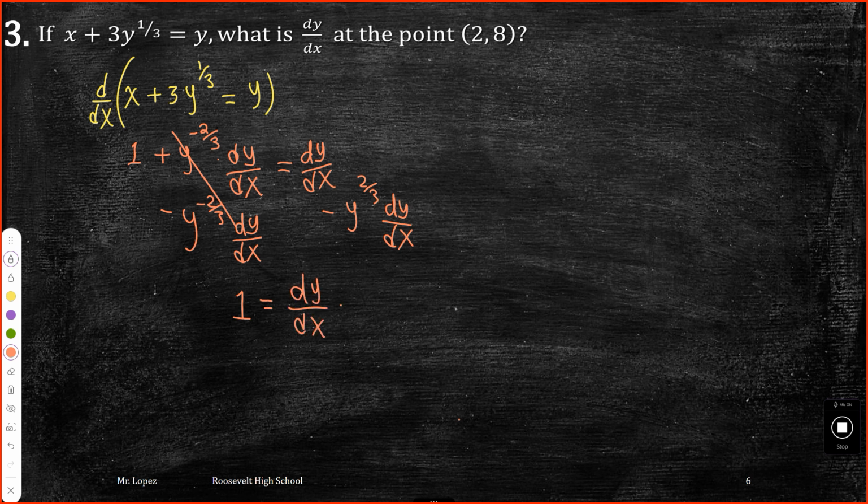minus, did I forget negative here for this one? y to the negative 2/3 dy/dx. Then we can do what we did in the other problem. What's the word? Factor it out. So 1 is going to equal dy/dx times what's left, 1 minus y to the negative 2/3.